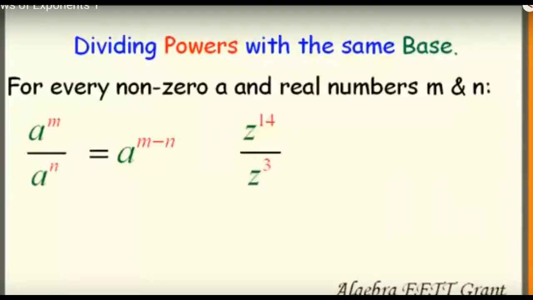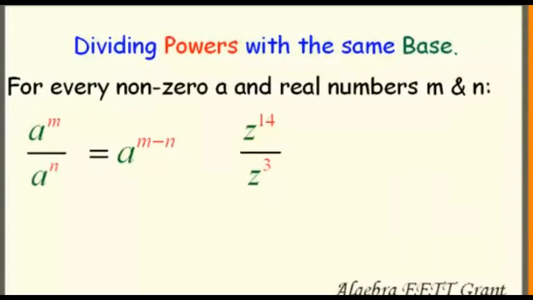A third example of this would be z to the 14th divided by z cubed. So again, top minus bottom with exponents whenever the bases are the same, and in this case, they're both z. So it would be z raised to the 14 minus 3, which is z to the 11th. So these are the basic rules about exponents that we must know in order to be successful in algebra.